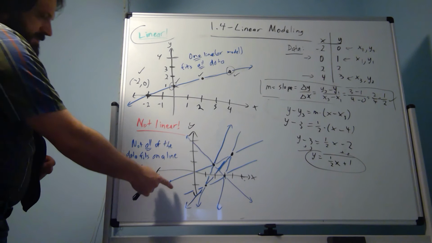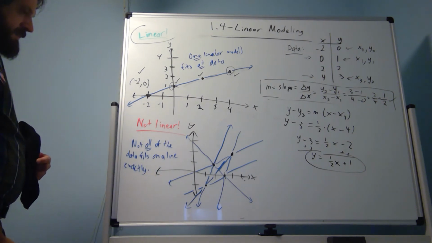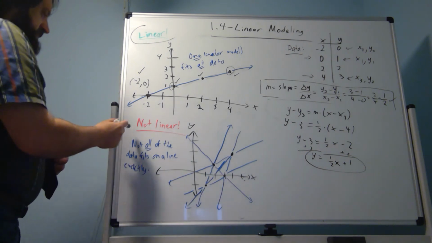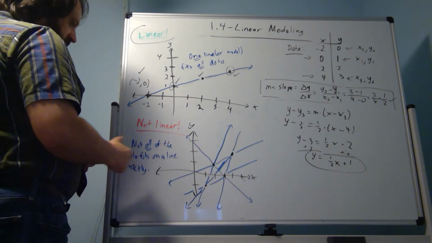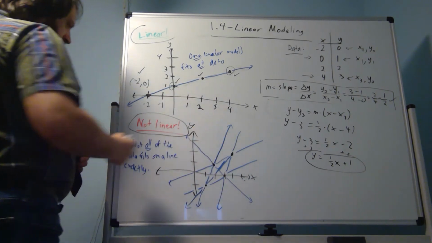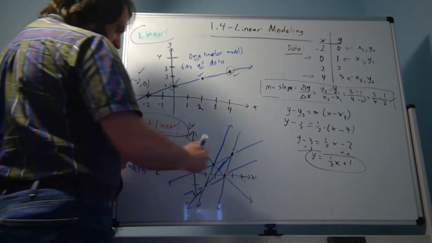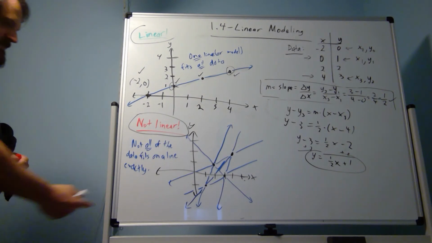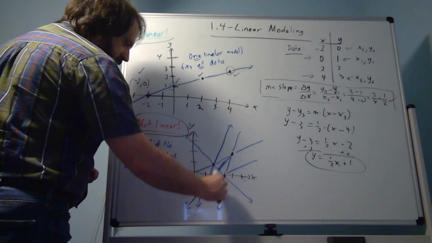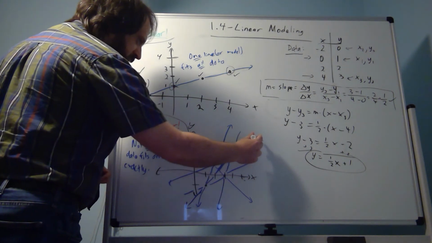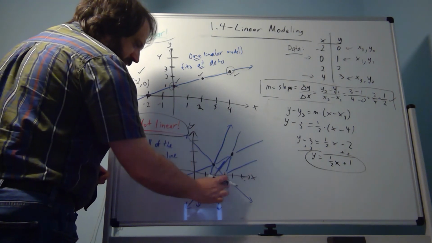On the other hand, if I give you something like this, where it's not perfectly along a straight line, then that's not linear. If I ask you to find one line using maybe these 2 points, and then you try to plug in all the x's, this line fails to fit these 2 points. So even if there was a third point way out here, it's still not linear because it's not perfect.